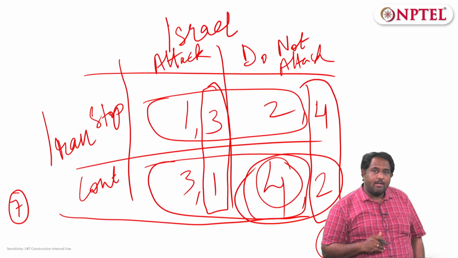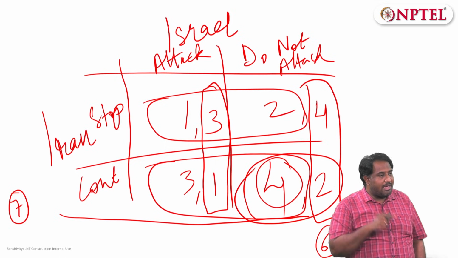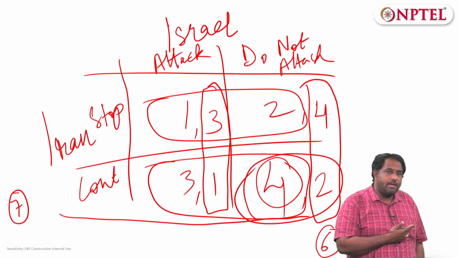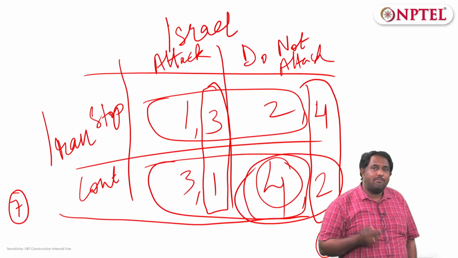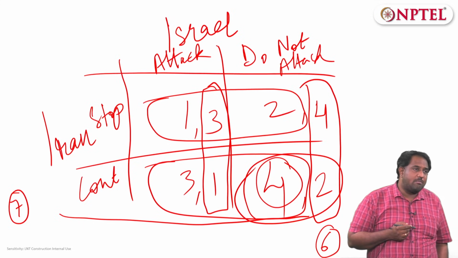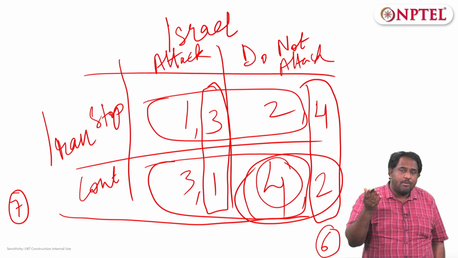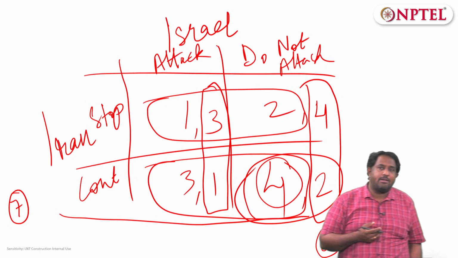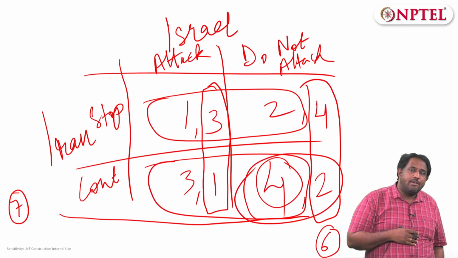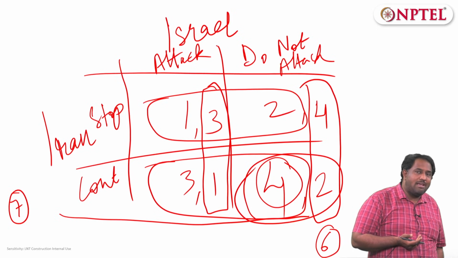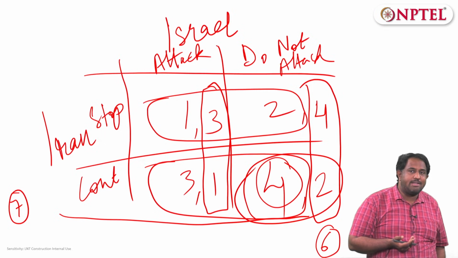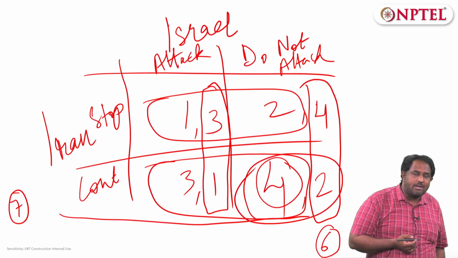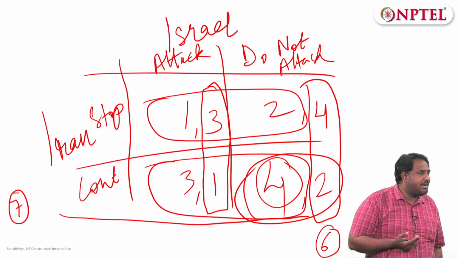And the good thing about applying IR theory to an actual scenario is that when you actually look at this game playing out, now that we are in the month of August and we possibly saw the last couple of months revealing what exactly went on in the minds of decision makers, possibly sitting in Tehran and Tel Aviv, it's fairly evident that at some level the discussion that we hear today is that, well, the mountains may have been bombed in Iran, but the nuclear program still continues.